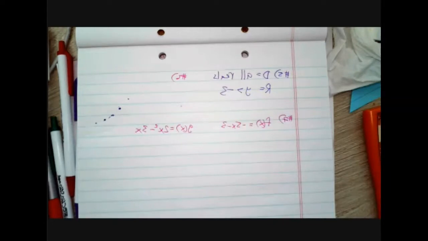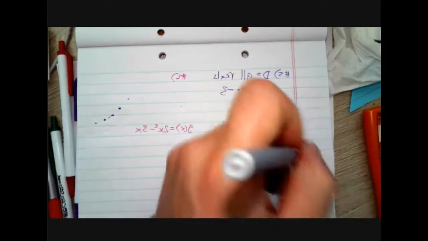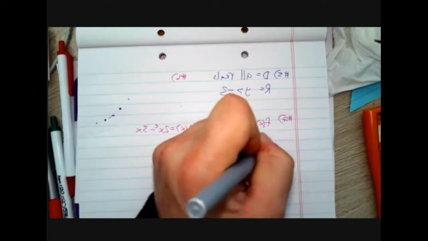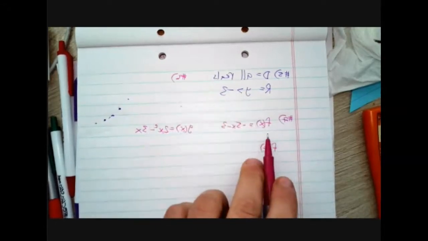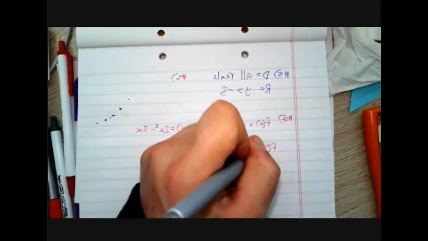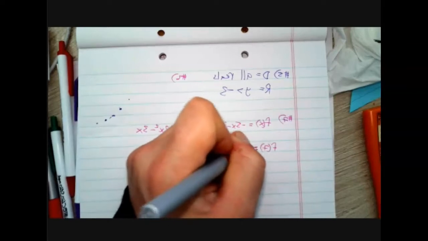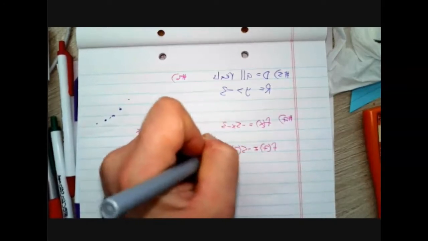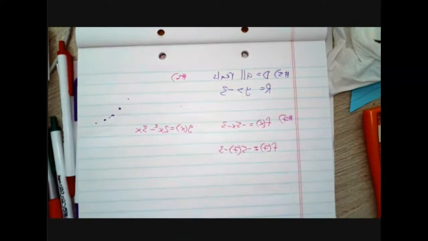So I wrote down the functions for number 7. f of x is -5x minus 3, g of x is 2x squared minus 3x, and they want me to find f of 7. So make sure for f of 7 you use the function f. f of 7 equals -5 times 7 minus 3. Again, if it's asking you for f of 7 or f of a number, you use the function f.